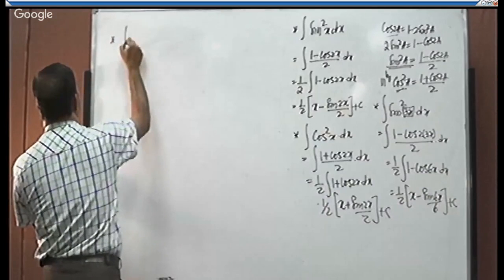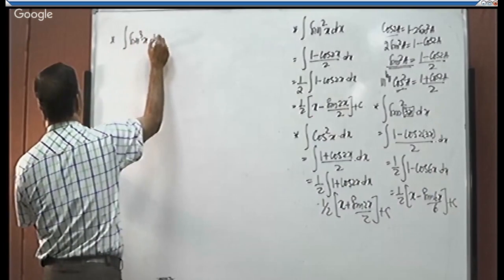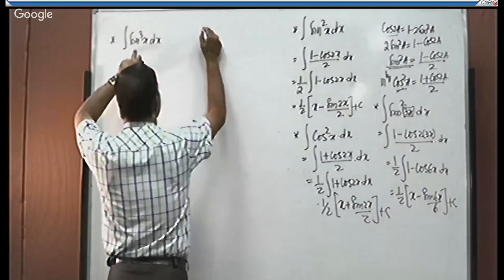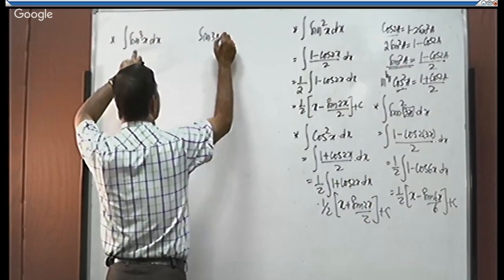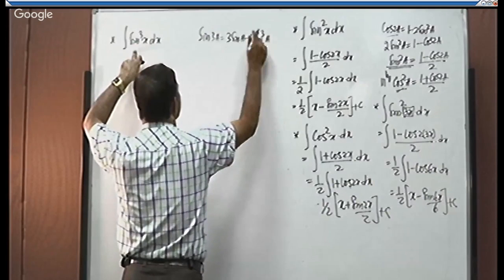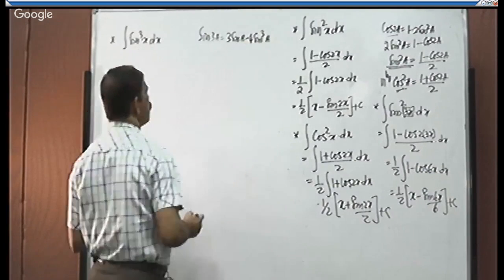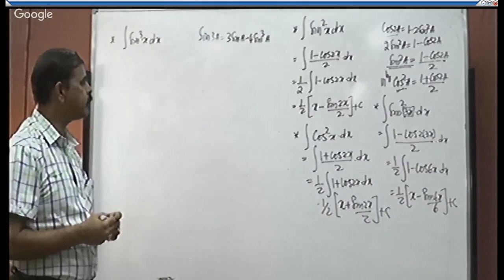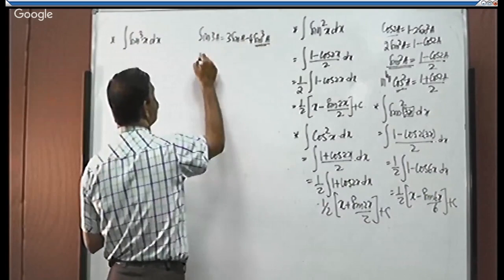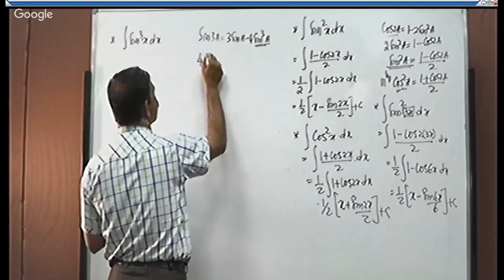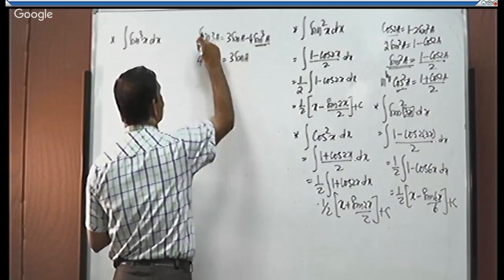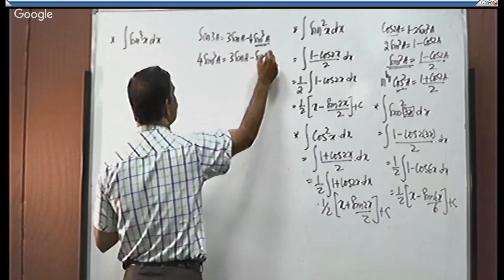Next, sine cube x dx. This is also important, most important. For sine cube, use this formula. Sine 3a is equal to 3 sine a minus 4 sine cube a. Is it right? I need sine cube, so take this to the other side. Minus becomes plus: 4 sine cube a is equal to 3 sine a minus sine 3a.